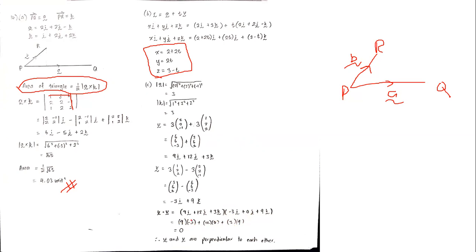So negative 27 plus 0 plus 27 equals 0. Okay, this is very important. So vector U dot vector V equals 0.